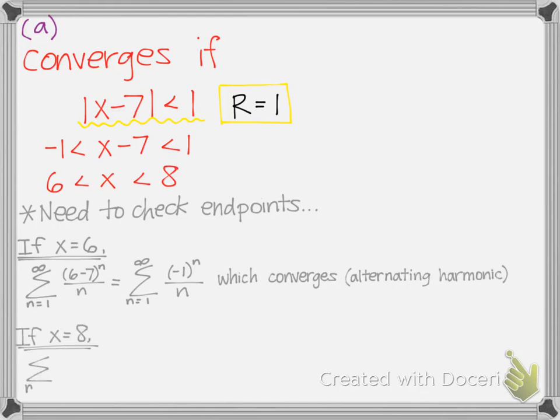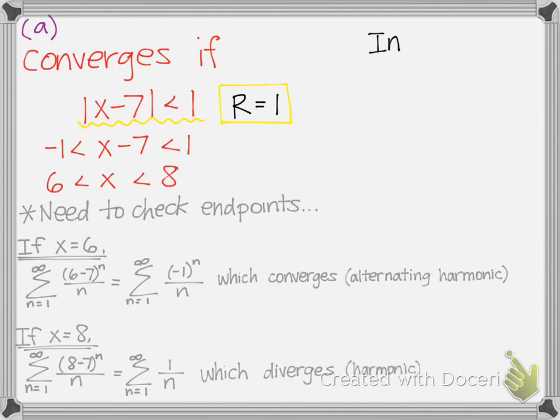And then I need to consider when x is equal to 8, and I would get this, and I know that this diverges because it is the harmonic series. So then I could write my interval where I include 6 but do not include 8. So my final answer is the radius of convergence is 1, and the interval is bracket 6, 8 parentheses.